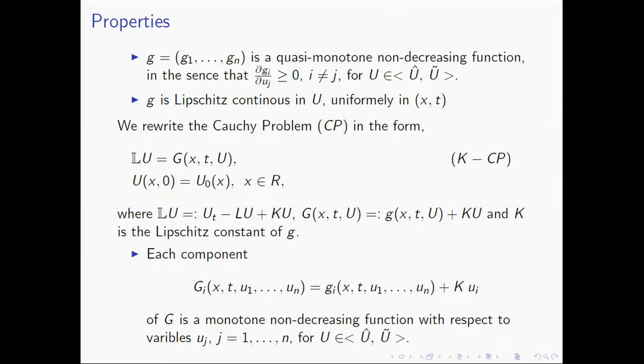And g satisfies the Lipschitz continuous condition uniformly in x and t. We need this property of the source function to obtain convergence.